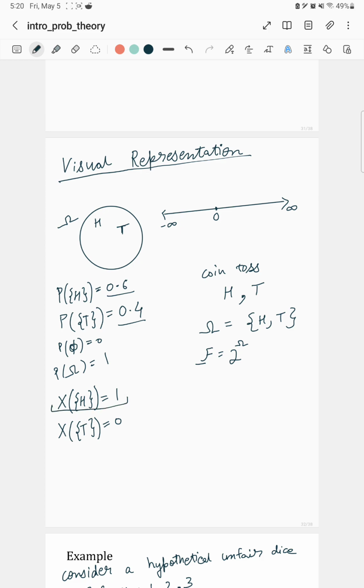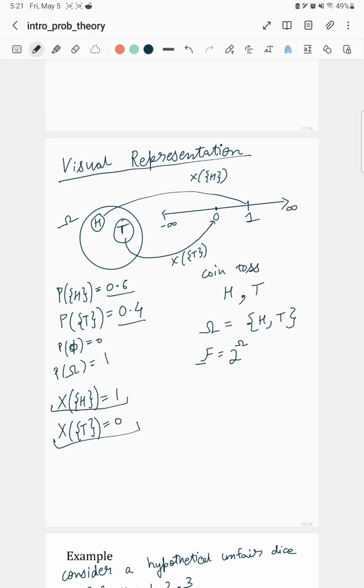So you can say that this is a set H. When I apply x on it, x of H gives you the value 1, and when I apply x on tails, x of tails, it will give you the value 0. In the previous example we had seen why this is a valid random variable. So x is a real valued random variable.